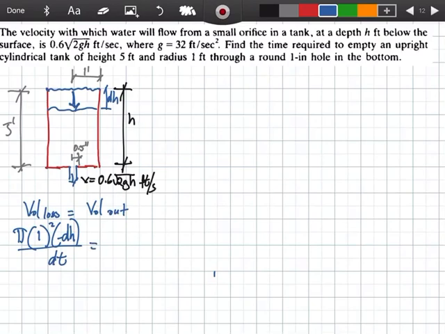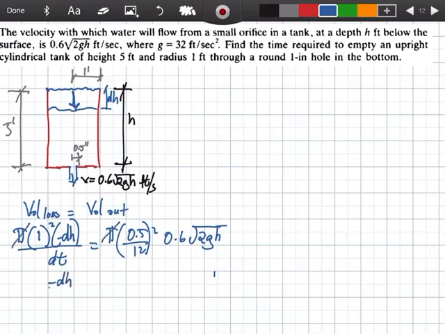And then, ang volume out naman natin is yung area ng ating orifice, that is pi, ang kanyang radius ay 0.5 over 12 squared times yung kanyang velocity, 0.6 square root of 2gh. Okay. So, parehas na may pi, ika-cancel natin.